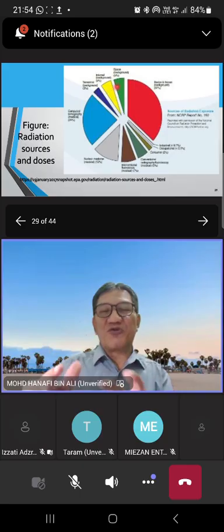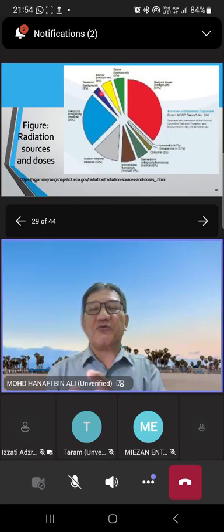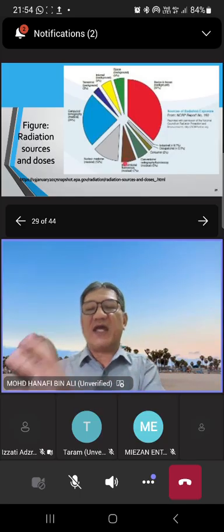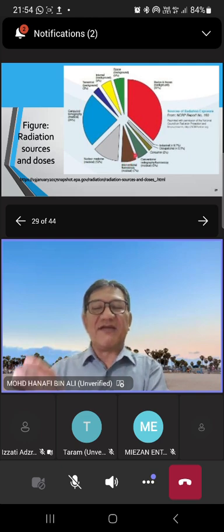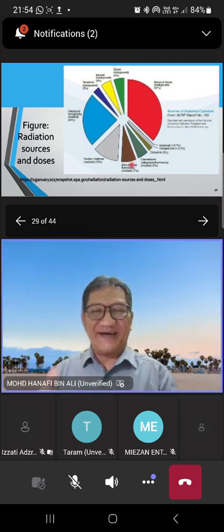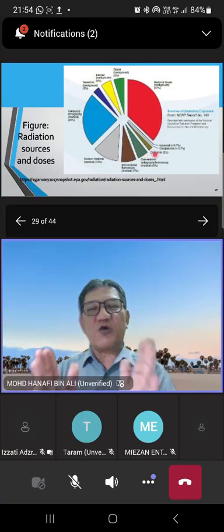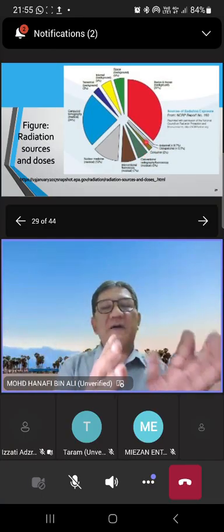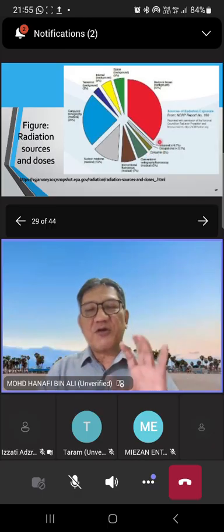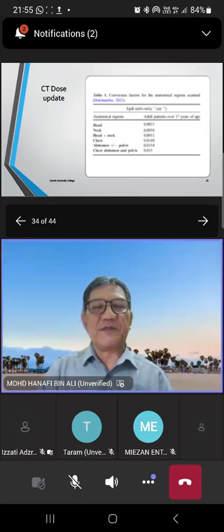So this is something totally different compared to the radiation dose that we have from the patient in general radiography. Must remember that. CT scan dose we always compare to the phantom. It's not the real dose from patients.